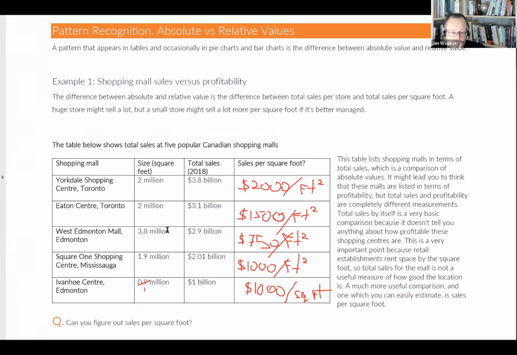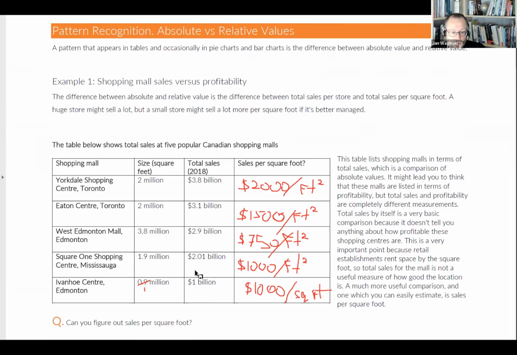It's by far the biggest mall in Canada, twice as big as Eaton Centre or Yorkdale, but it's the least profitable mall out of all of them. It's even in third place in terms of earnings, but this is the least profitable mall of all 5 of these.